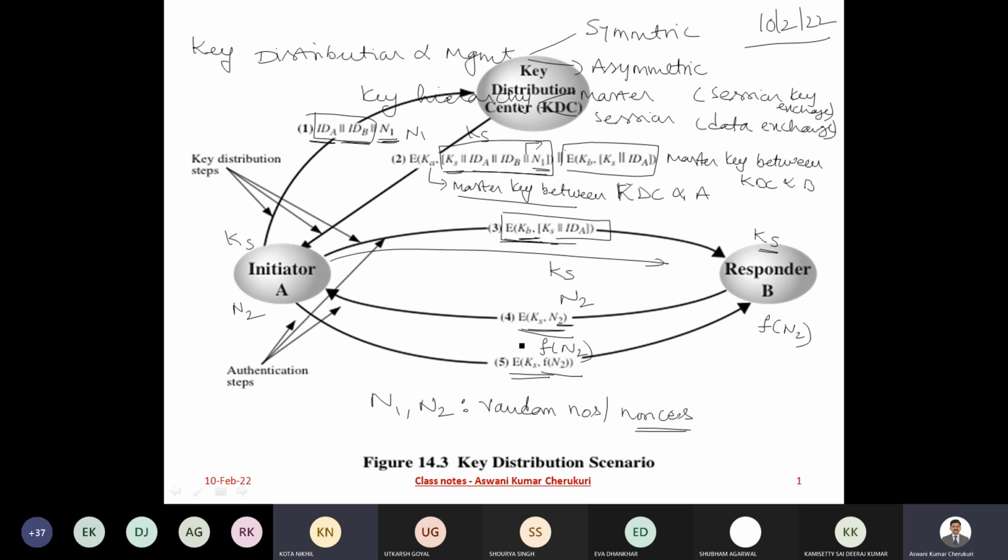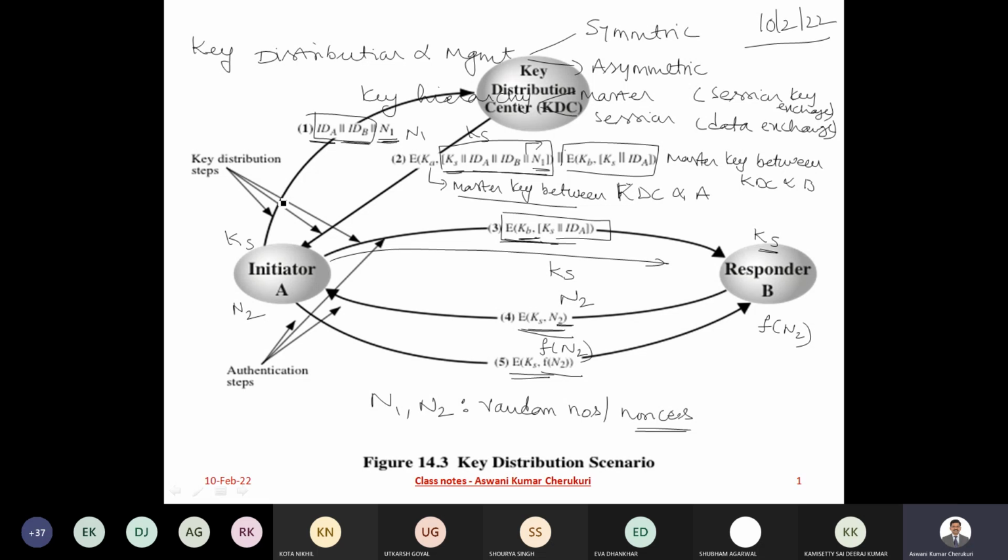So this is a slightly modified version than the previous class. Yesterday itself we have understood that it is not that the KDC will cater to the need of A and B alone. We have seen a diagram where the KDC was sitting in between and you have n nodes, and the KDC is catering to the needs of all those nodes.